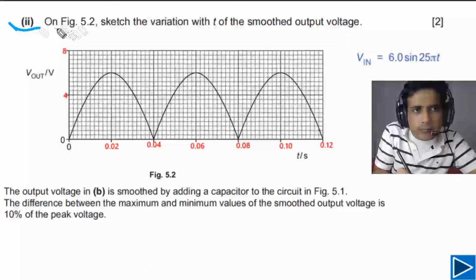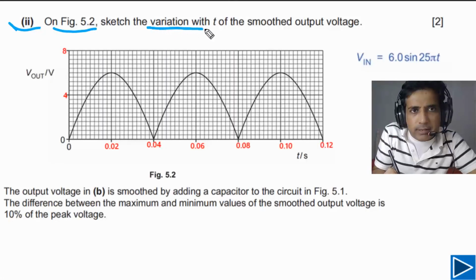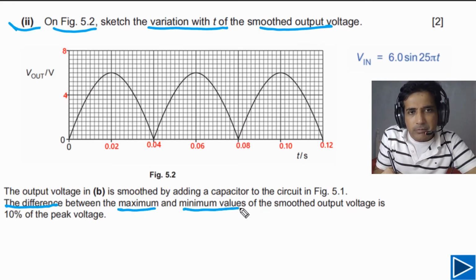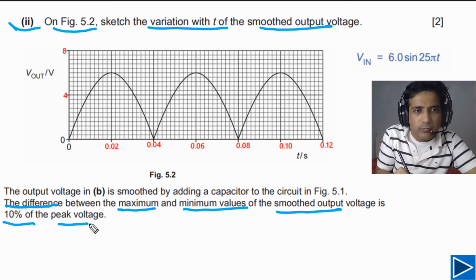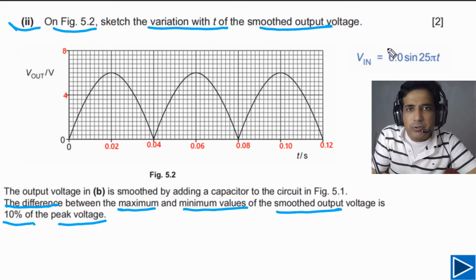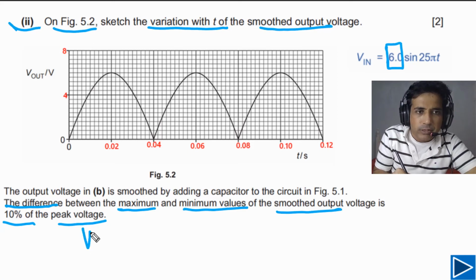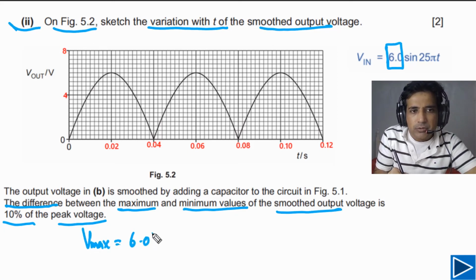For the second part, on figure 5.2, we need to sketch the variation with time t of the smoothed output voltage. But for this question, it is given to us that the difference between the maximum and minimum values of the smoothed output voltage is 10% of the peak voltage. Peak voltage, we have already discussed, is equal to 6.0 volts. We can simply say in this case V max is equal to 6.0 volts.